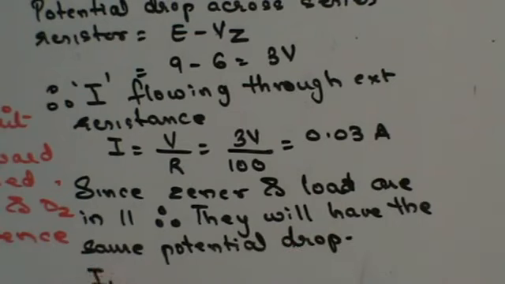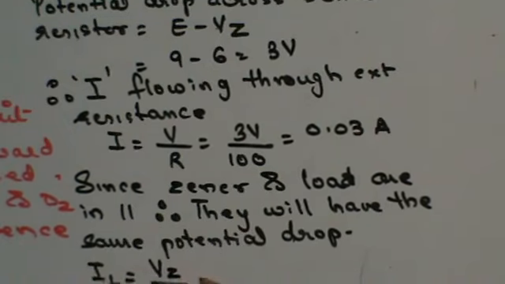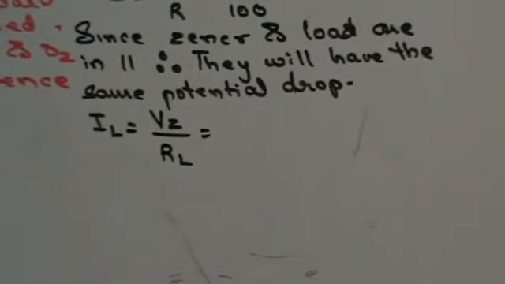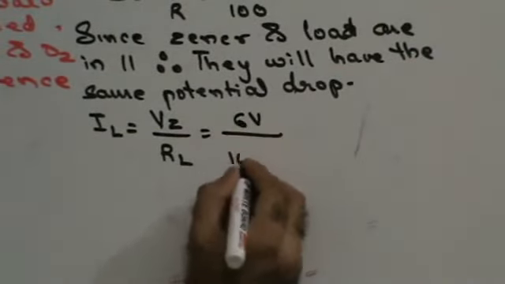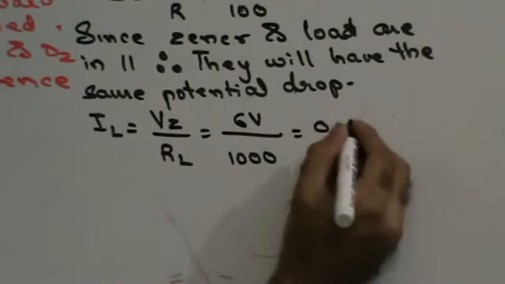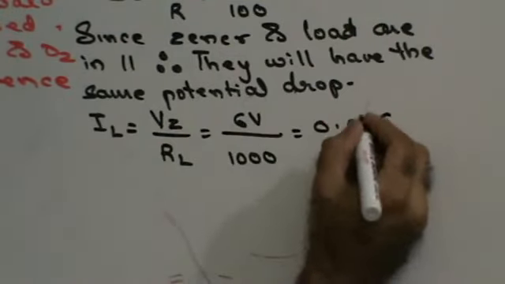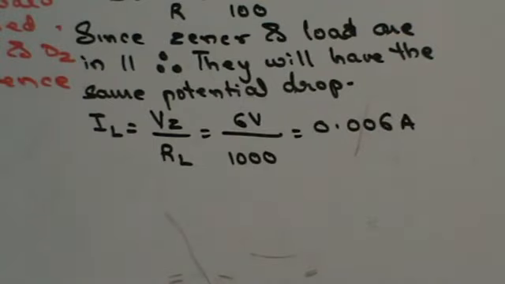Therefore, I can find out the current flowing through the load resistance. Current is nothing but potential divided by resistance. Potential is the same as the Zener potential. Zener potential is 6 volts. Load resistance is 1000 ohms. So 0.006 amps, right? That will be my load current.